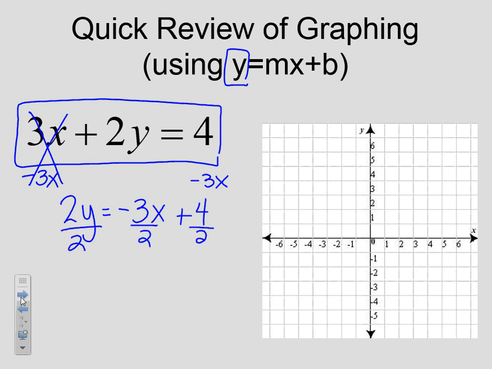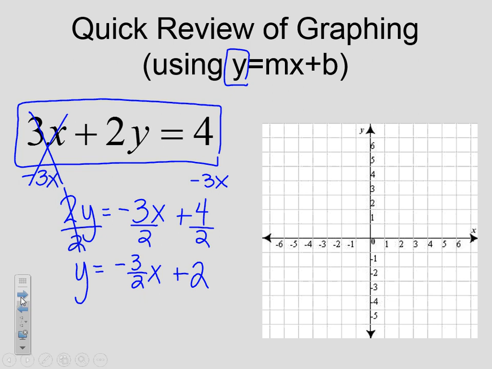Now when you divide by 2, you need to divide everybody by 2. y equals negative 3 divided by 2 is not a value that I actually want to calculate, and it's simplified as it is. This is my slope anyway, because he's in front of my x. So this I actually like as a fraction, because slope is rise over run. Okay, slope is a fraction, so I'm okay with leaving that as a fraction. 4 divided by 2, however, can be simplified into just 2. So here is my y equals mx plus b form.